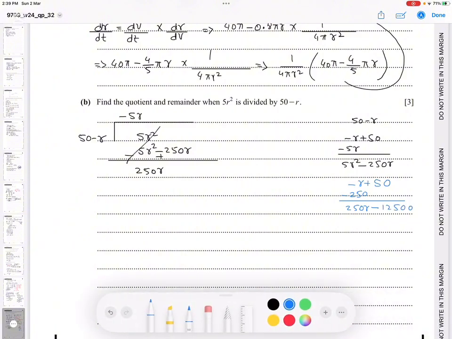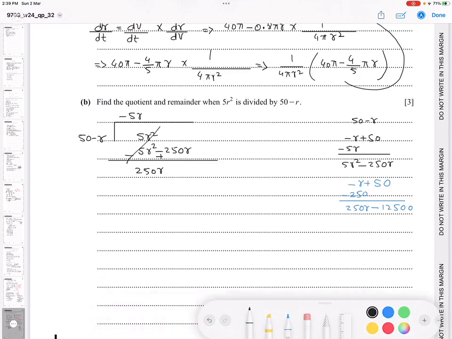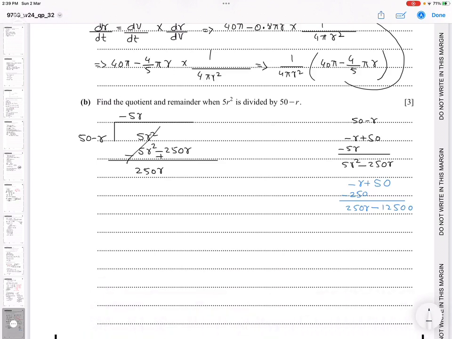So my minus 250 right here, and write down 250r minus 12,500.